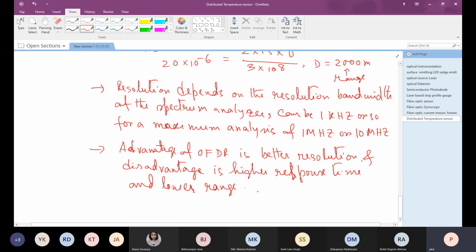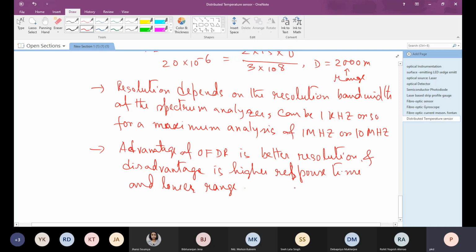Typically OFDRs are of lower range compared to the OTDRs, but the resolution is typically better because when we estimate the frequency, a lot of noise filtering is done.